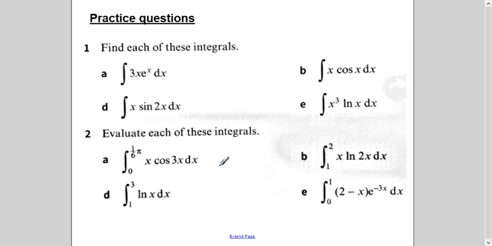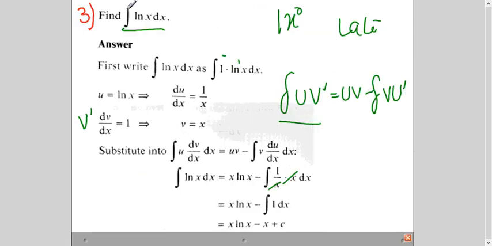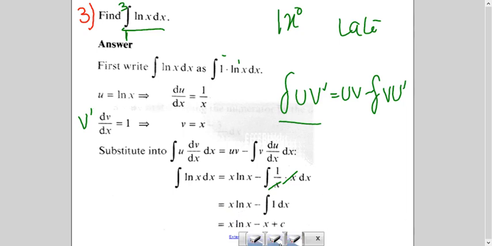So you try these questions, and this one I have just solved, but with the limits, you would simply apply limits here. For example, if I look at this question I have solved before, with the limit 1 to 3. So when you get to this, x ln x minus x, let me write here.